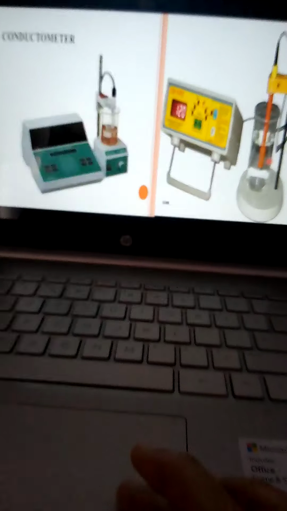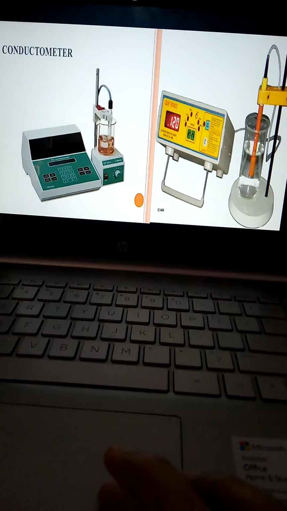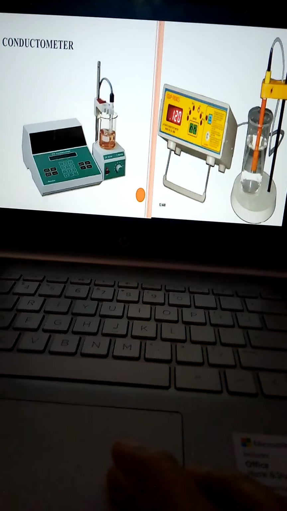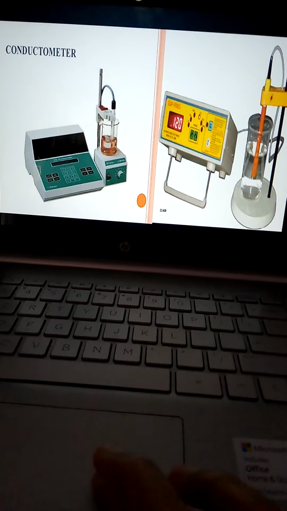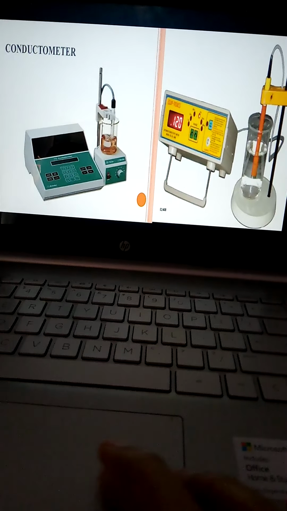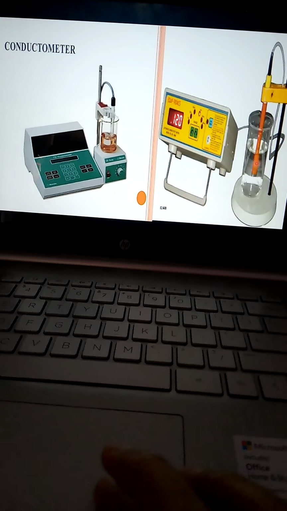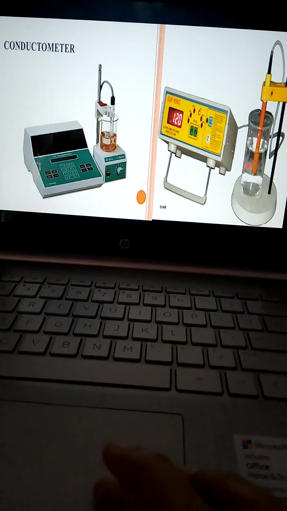Next part of the experiment: take NaOH, sodium hydroxide, in a semi-micro burette. Then add 0.5 ml of sodium hydroxide solution at a time to the beaker containing HCl and distilled water. Once again I will repeat.